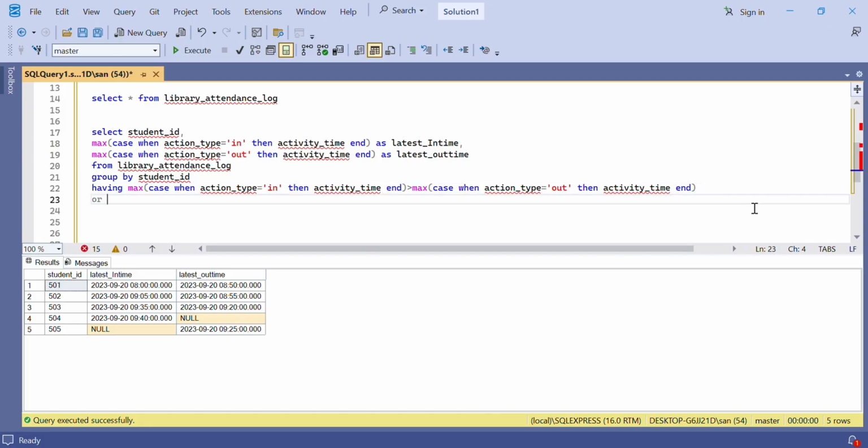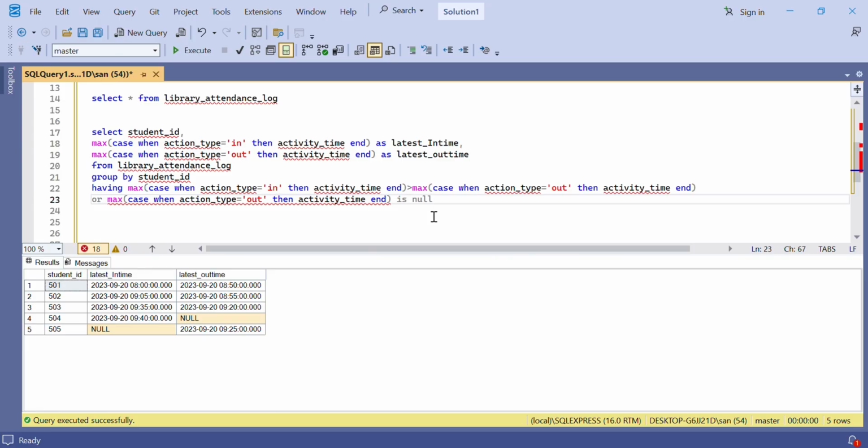Or, for example, student 504 enters the library but he didn't move out, therefore his latest out time would be null because he didn't move outside the library. So we can add a condition: or the latest out time is null.